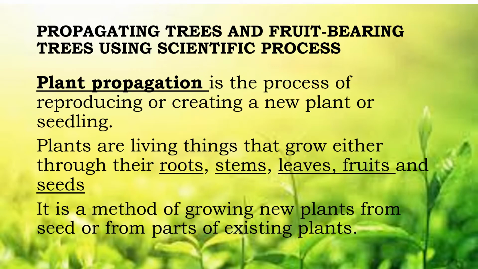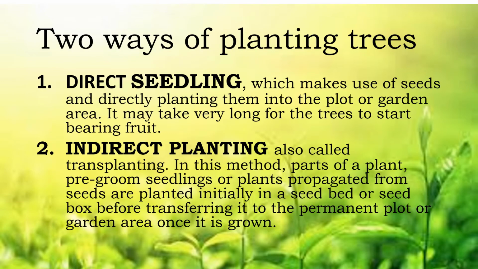So, in general, there are two ways of planting trees. The first one is what we call direct seeding, which makes use of seeds. So, ano daw ginagamit? Correct. Seeds ang ginagamit nila, and directly planting them into the plots or garden area. It may take long for the trees to start bearing fruits.